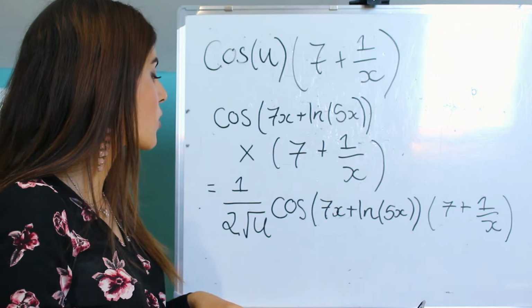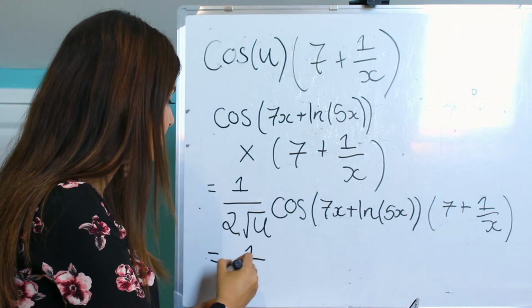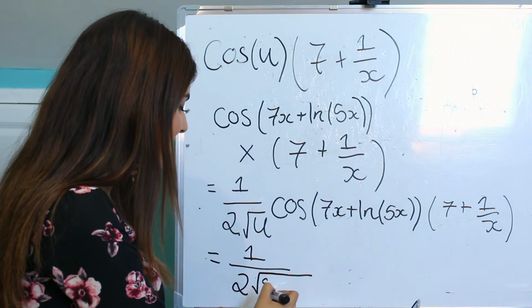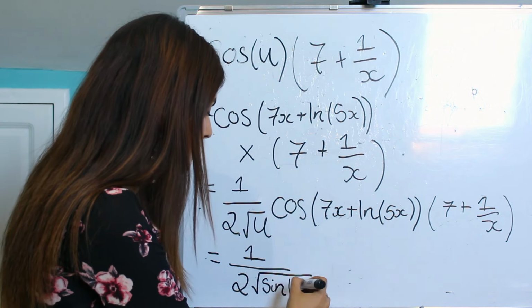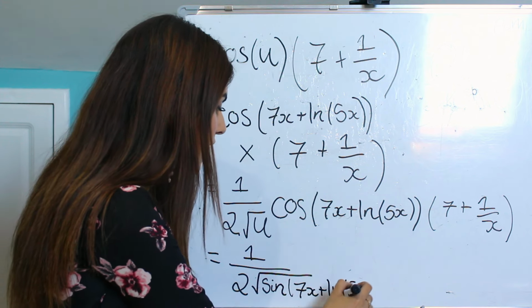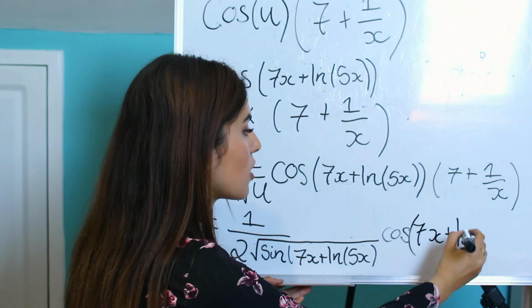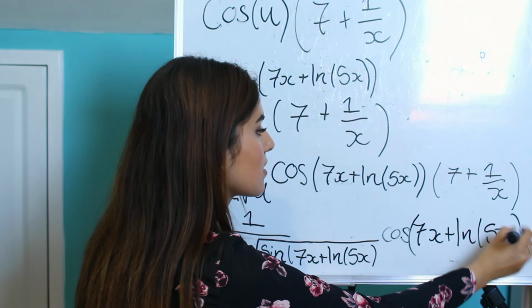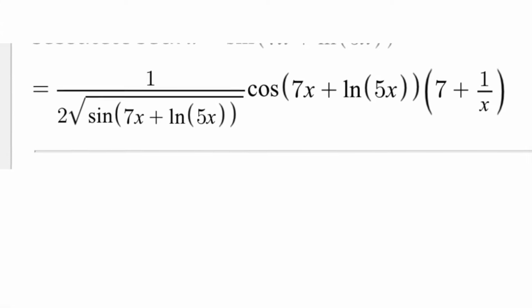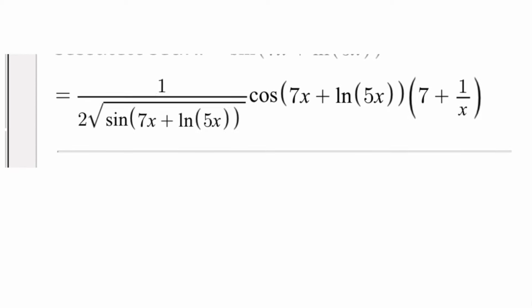Now we substitute the u, so it would now equal 1 over 2 square root of sine 7x plus logarithm 5x, times cosine 7x plus logarithm 5x, times 7 plus 1 over x. And that is our final answer.